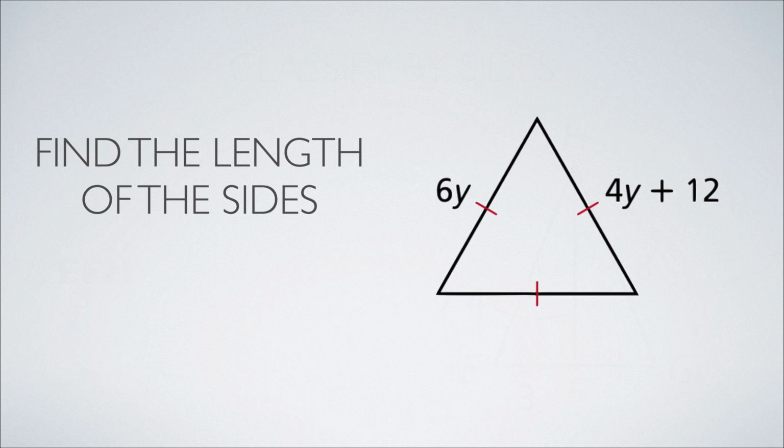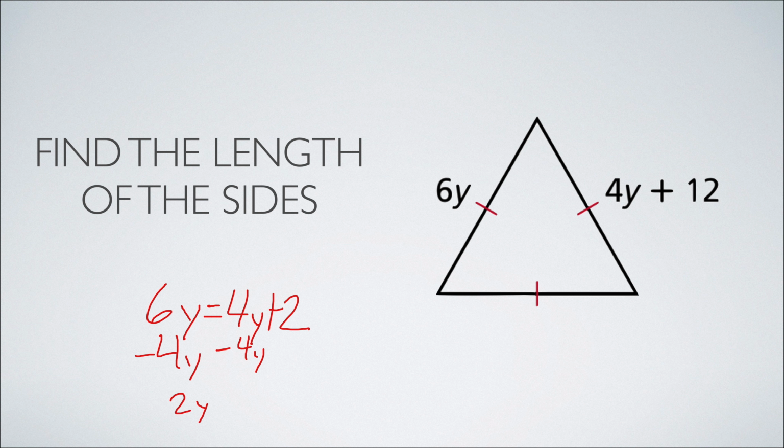All right. So in this case, we are trying to find the length of the sides. Now, this is an equilateral triangle, which means all 3 sides are congruent. So if I want to find the length of the sides, 6y is going to be the same as 4y plus 12. So we'd write this as 6y equals 4y plus 12. I would subtract 4y. 2y equals 12, divide by 2, y equals 6.